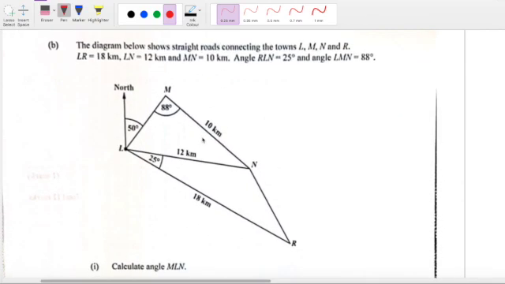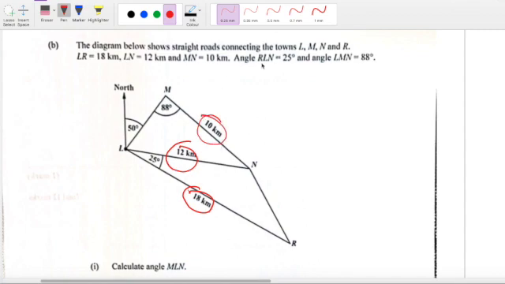Ooh, bearings. The diagram below shows straight roads connecting the towns L, M, N, and R. I could see that. LR is 18. LN is 12. MN is 10.